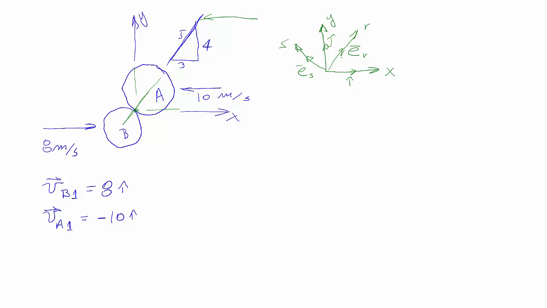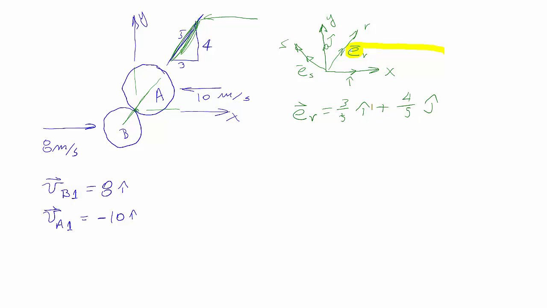So if I were looking to break this down, eR looks very familiar. eR runs up this line right here, and it looks to me like it's 3/5 i plus 4/5 j. I'm just taking a vector that sits right here, with a length of 1, and trying to find its coordinates in x and y.